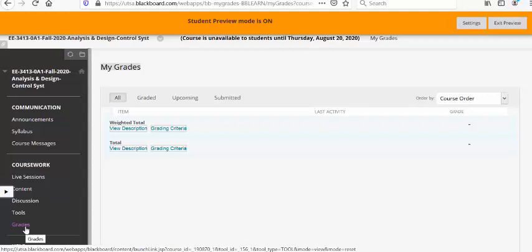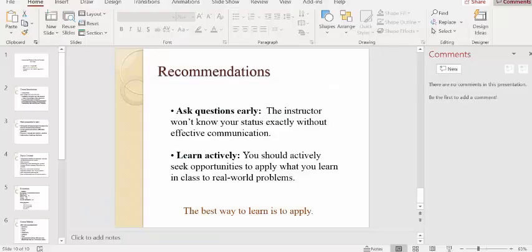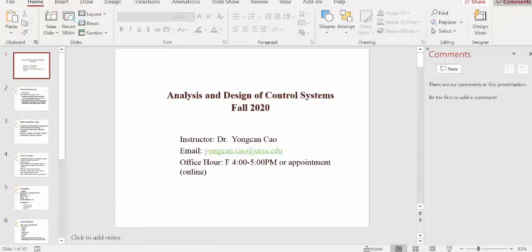Now let's move to the second part of my first lecture, which is about the syllabus, because that's very important. Here are some important things that I want to emphasize. I still strongly recommend you read the syllabus very carefully, because it lists all the important things you should remember, and also any exceptions.